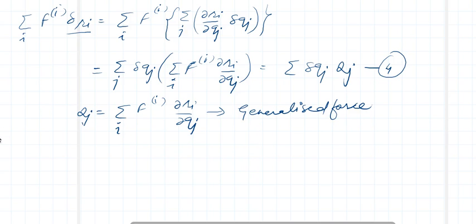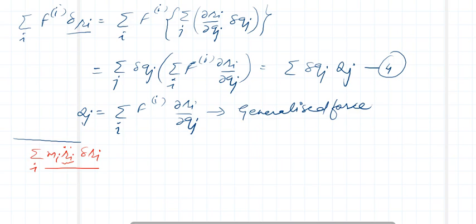Now let me consider the other part, that is summation over i of mi ri double dot delta ri. For this, let me put the value of delta ri, the virtual displacement, and rearrange this part.